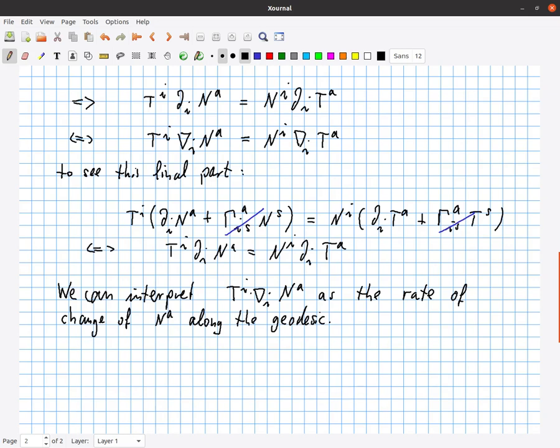Because we can view this as one derivative, we can also interpret this as the relative velocity between nearby geodesics.